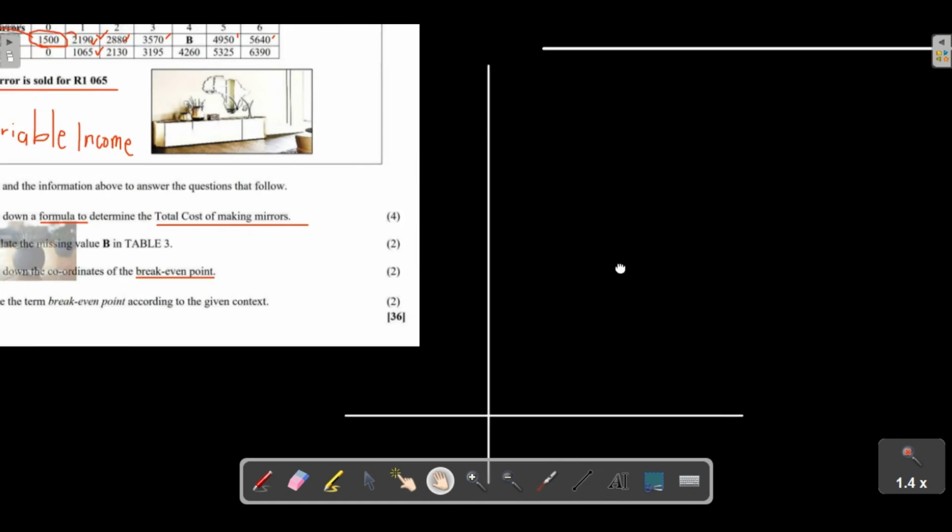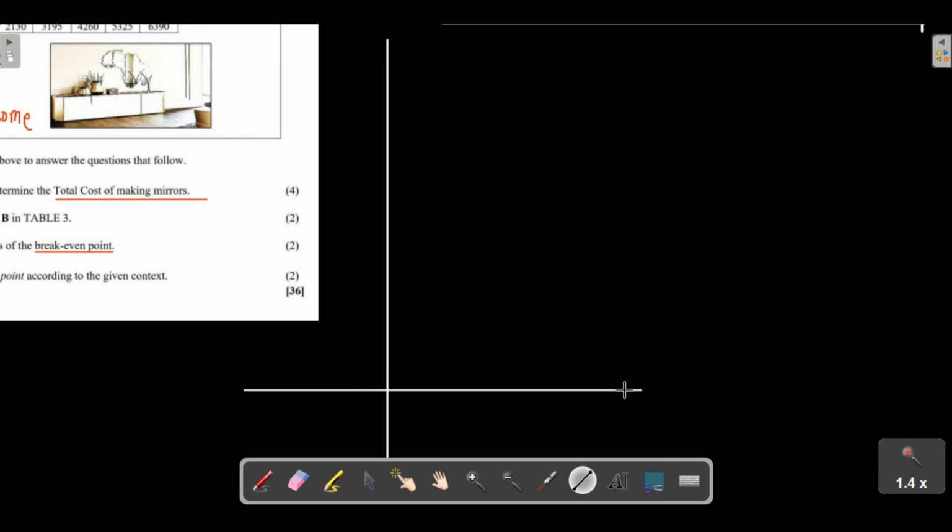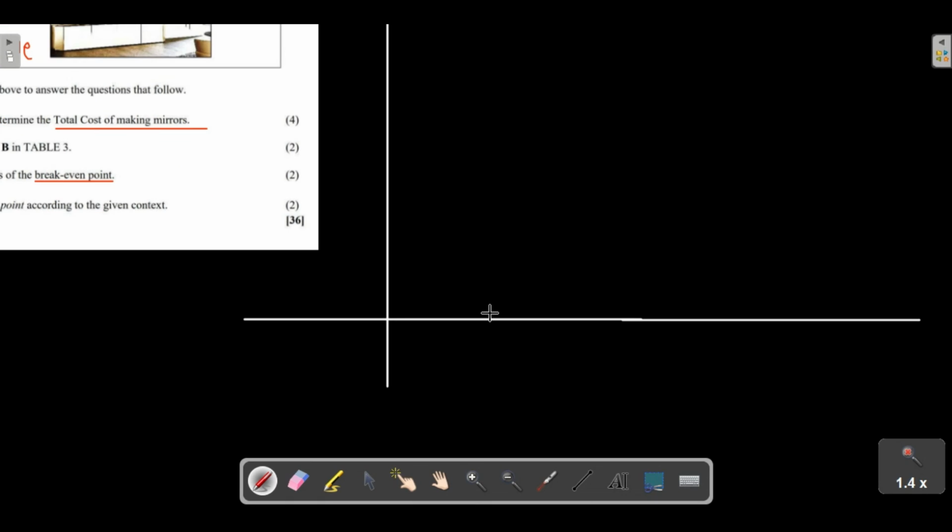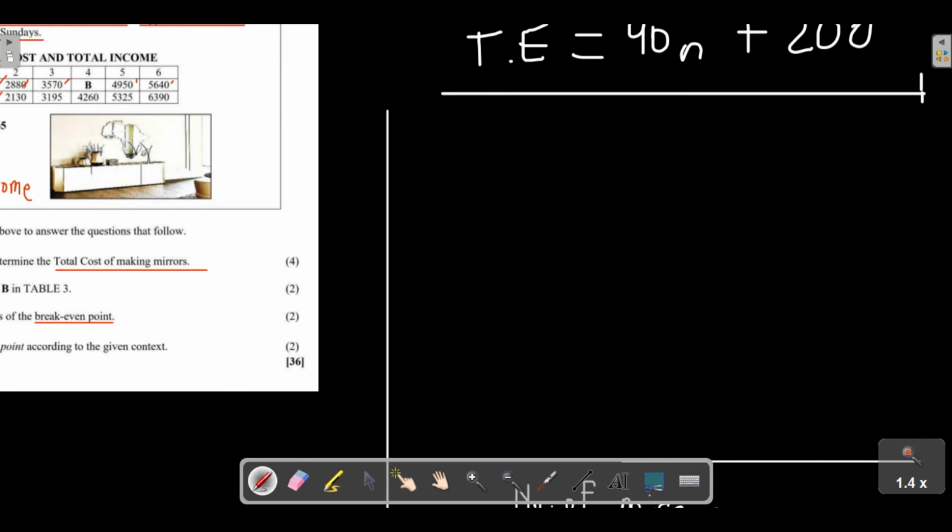Usually on the x-axis, you have the number of products, so in this case, it's number of mirrors. And let's use red for the expense graph or cost graph, and let's use blue for the income graph.